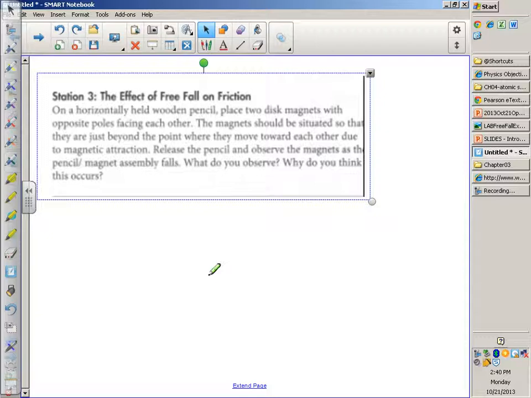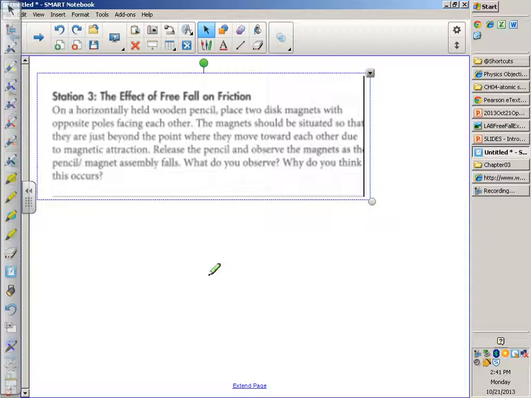No. They still attract each other, but is their mutual attraction now the only thing that's affecting them? Now they also have to deal with what as they sit on this book? The friction here on the book, right? So the friction between the book and the magnets is preventing the attractive forces of the two magnets from pulling them together. Okay? Good there?